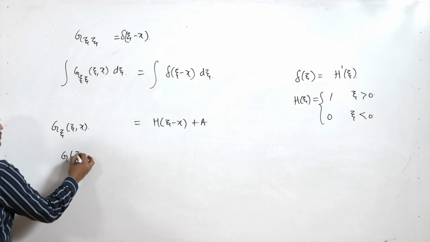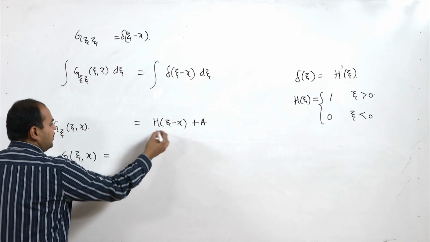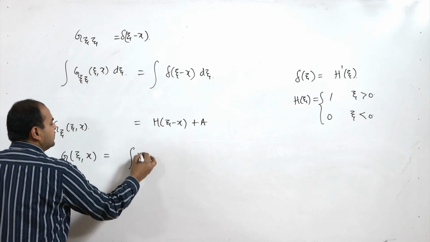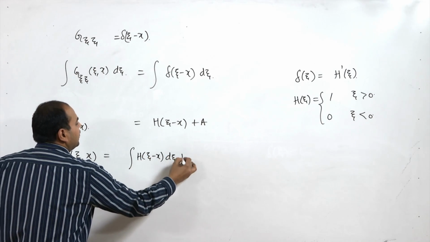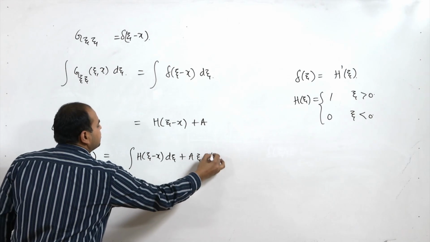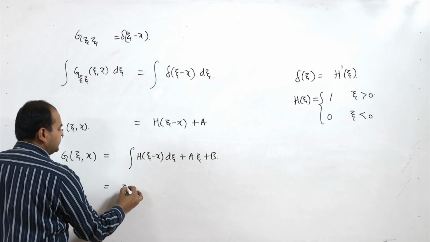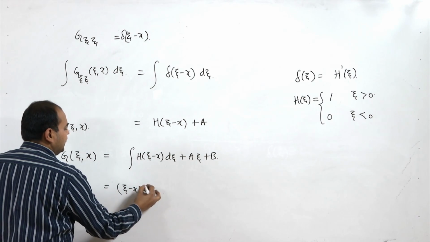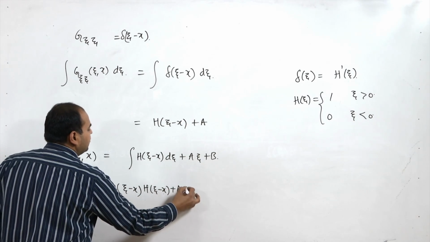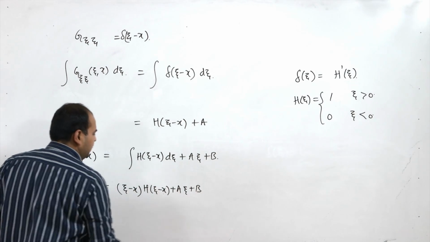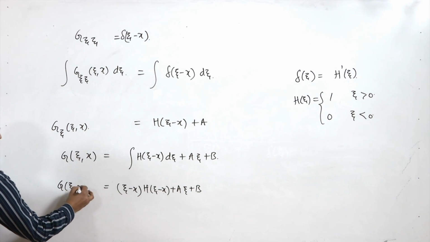So we have g(ξ, x) given as the integral of H(ξ − x) dξ plus aξ plus b. So you can get this as (ξ − x)H(ξ − x) plus aξ plus b. So I can write g(ξ, x) as this.